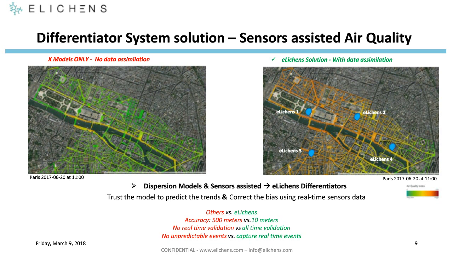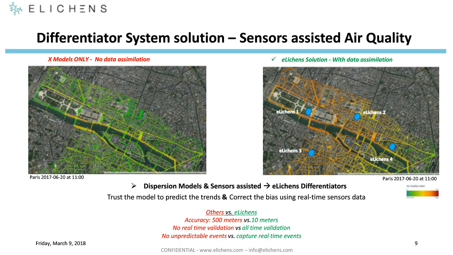What seems to be very good air quality and all green actually, when you look at the live input, turns pretty much yellow and kind of poor. So we use a dispersion model along with our sensor-assisted data that comes from our hardware, and that is our differentiator. We trust the model predictions that are on the cloud, available to everybody, and we correct that bias using our real-time sensor data.